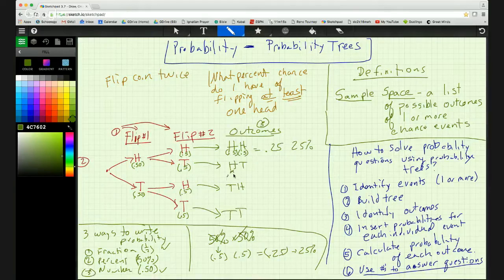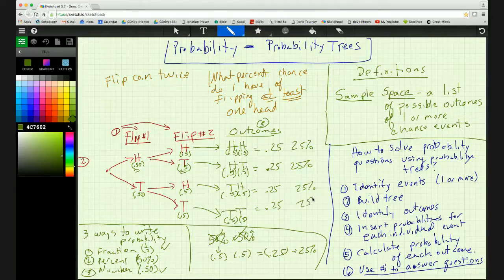Same here: we take this 0.5 times this 0.5. And you say, how easy is it? They're all the same. Well, they're not always the same, but in this example they are. 0.5 times 0.5 equals 0.25, 25%.